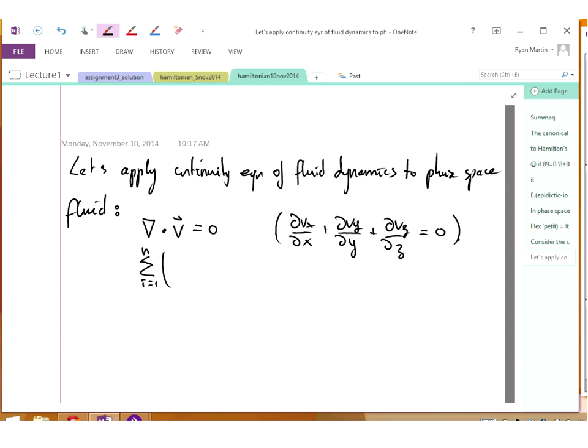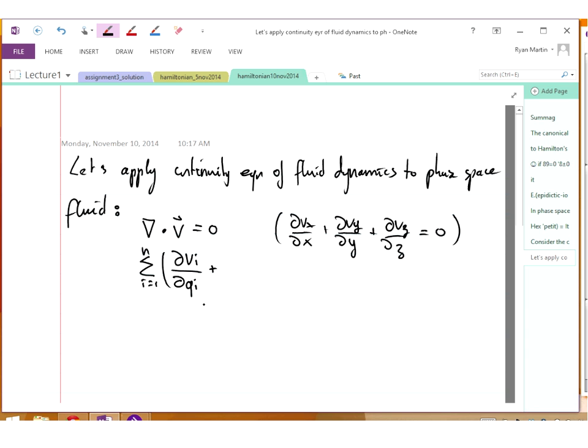So if I do that to our velocity vector, I have ∂Vi/∂qi. So that's the first group, right? There are 2 groups of terms in our velocity vector from the phase space: the qi dots and the pi dots. So there are 2n coordinates in our velocity fluid vector, so the sum should go from i equals 1 to 2n.